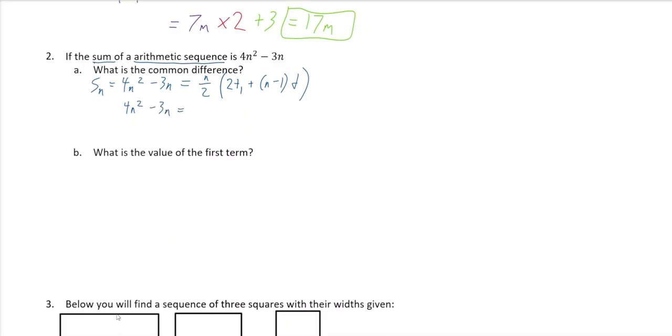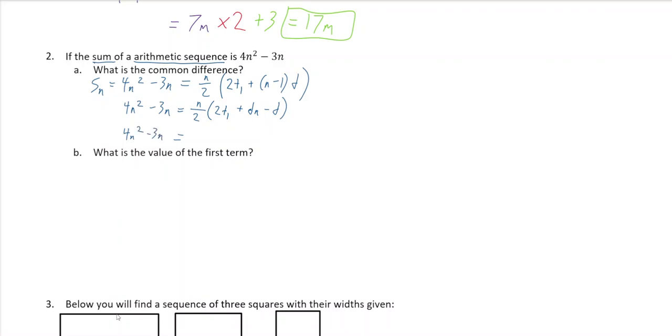We can't solve it very far, but we can go as far as we can. So we'll put some stuff together. So we're going to have 2t1 here. That's not going to change, but we'll put the d inside. So we'll have dn minus d. And then we'll put the n over 2 inside.